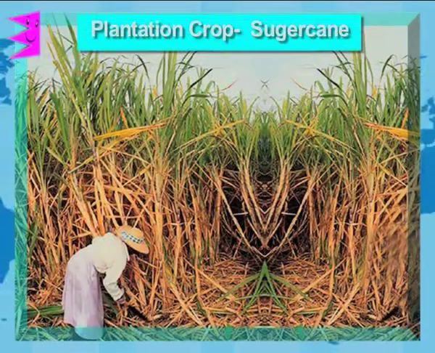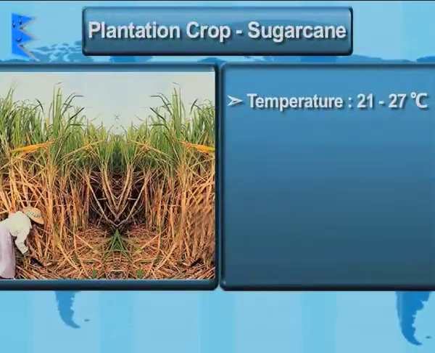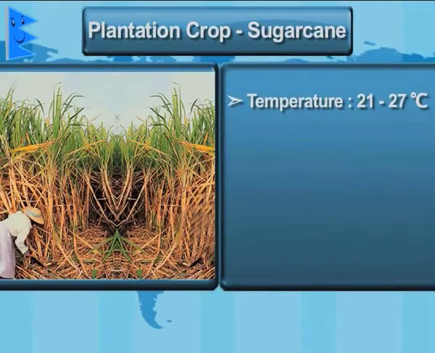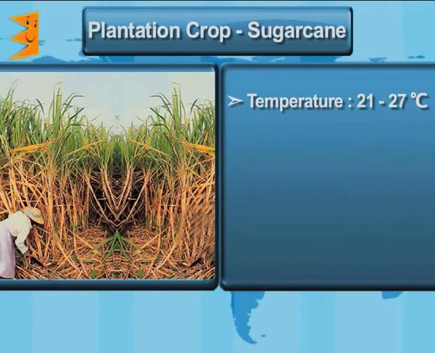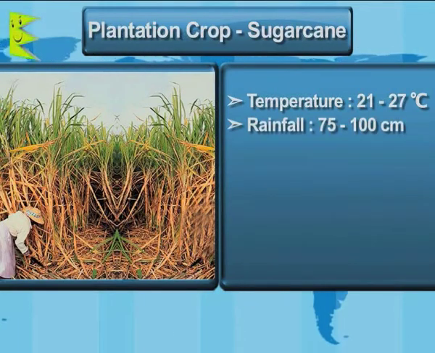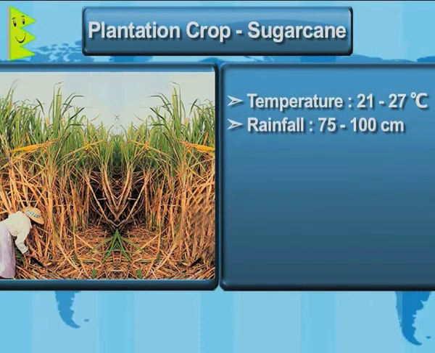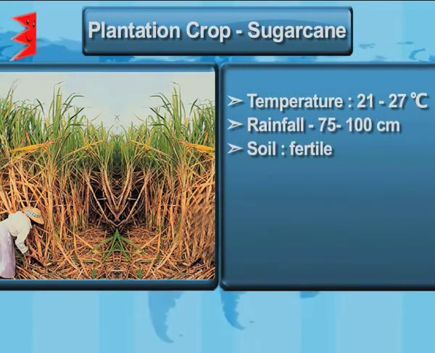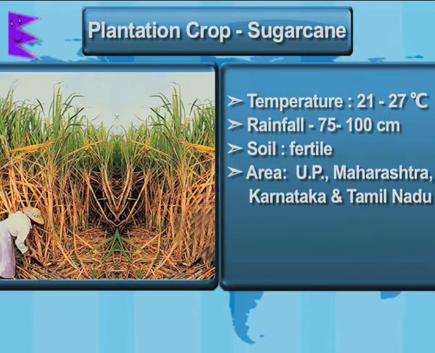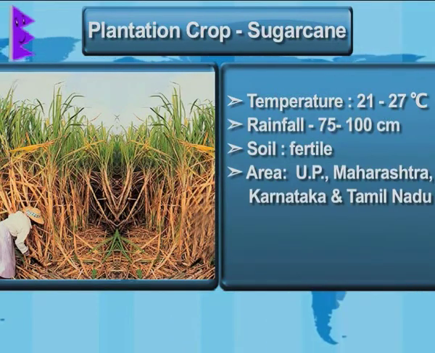Then we come to sugarcane. This plantation crop needs a temperature between 21 degree to 27 degrees centigrade. The rainfall is 75 to 100 centimeters, and the states which grow sugarcane are Uttar Pradesh, Maharashtra, Karnataka and Tamil Nadu.